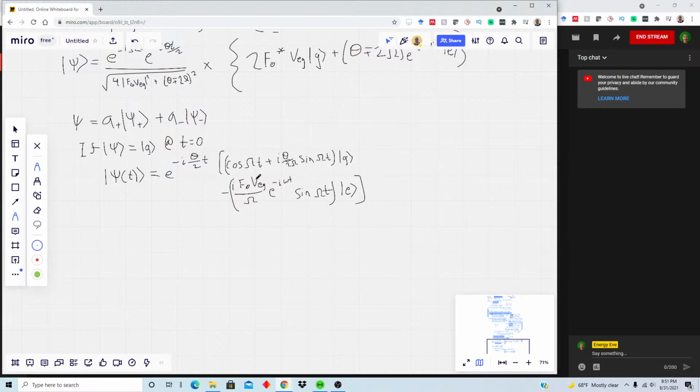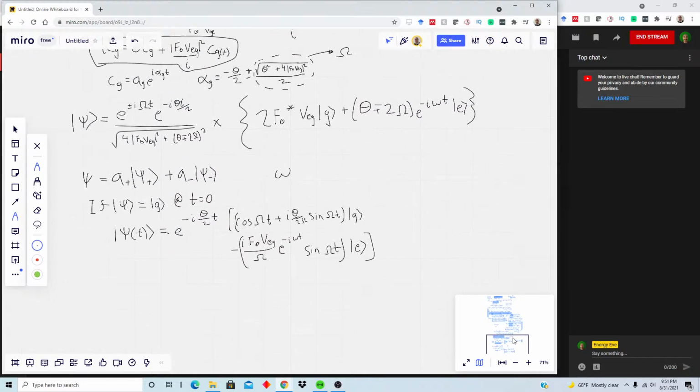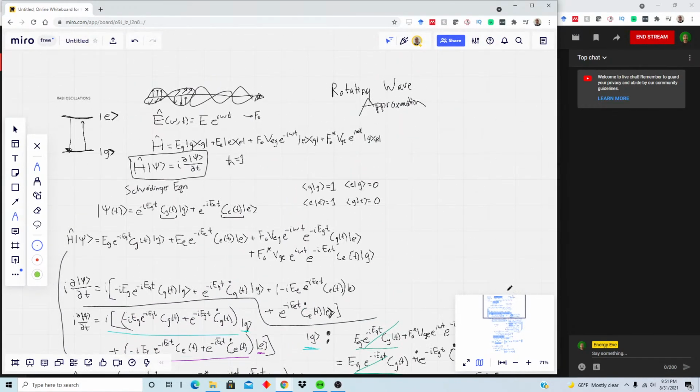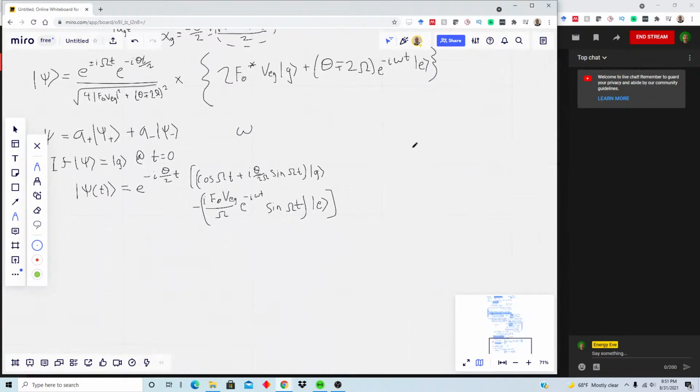But one thing that's really interesting to see is that even though our field is oscillating with respect to small omega, right? If we go back up here, how do we write our Hamiltonian? We have e to the i omega t. Our field is switching and moving with respect to this omega.